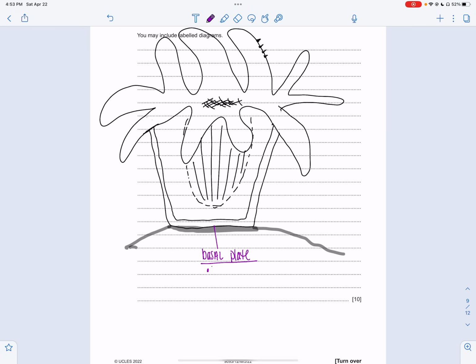Basal plate, this is the basal bottom of the stony cup. It anchors polyps to the hard substrate.